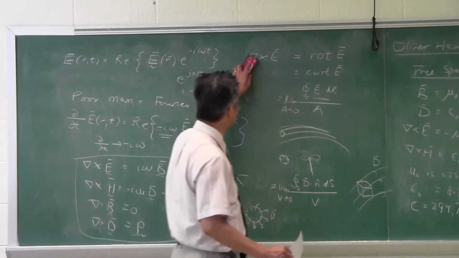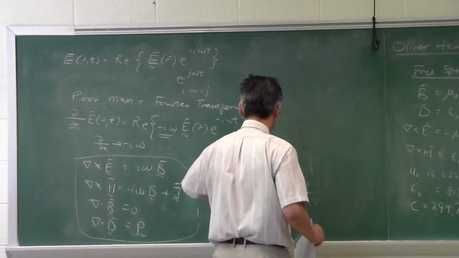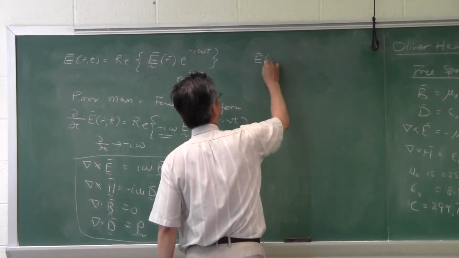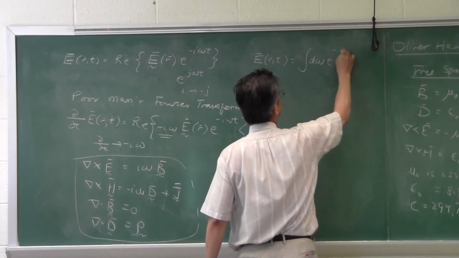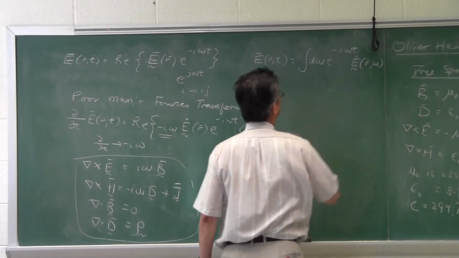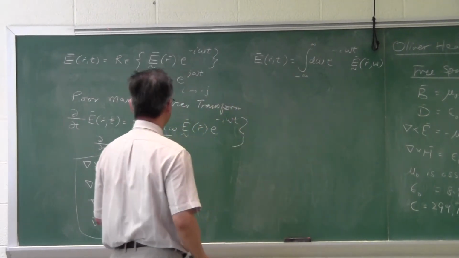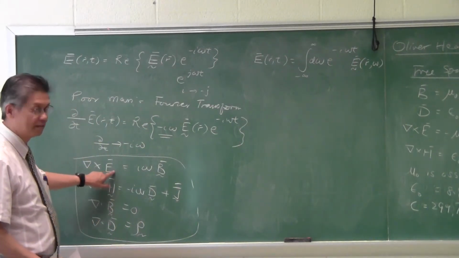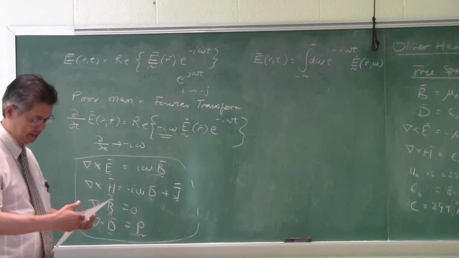That is starting out with Maxwell's equations and assuming that any field quantity that I have can be written in terms of this. If I write all field quantities in this manner and plug them into Maxwell's equations, we'll get the same result that I have here. You think of this as either phasor quantities or Fourier transform quantities. They're the same thing. Okay.